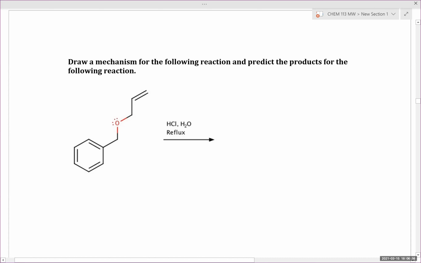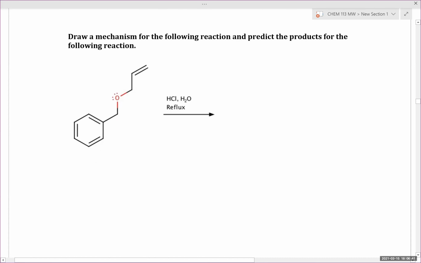So let's take a moment. Let's try to draw out a mechanism for this reaction. And I'd like you to share your questions and proposed responses in the chat, verbally, or annotated on the class whiteboard. And in this case, we can use hydrochloric acid, and I'd like you to think about why that is.